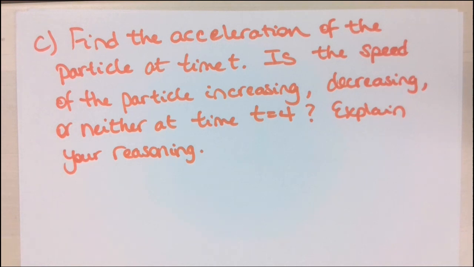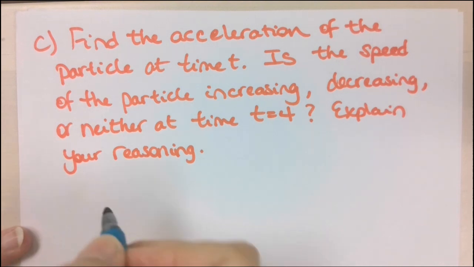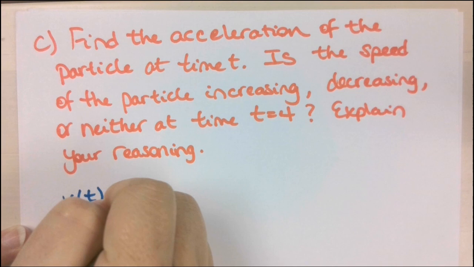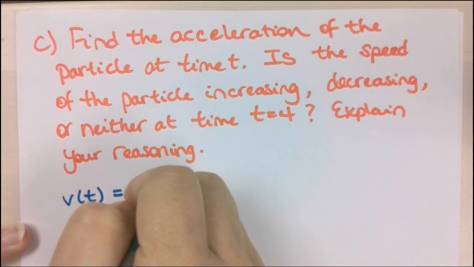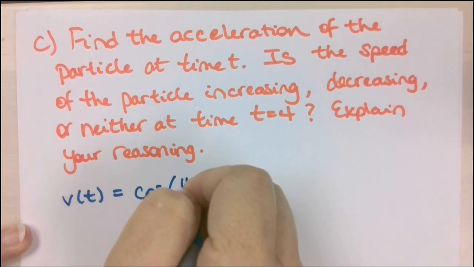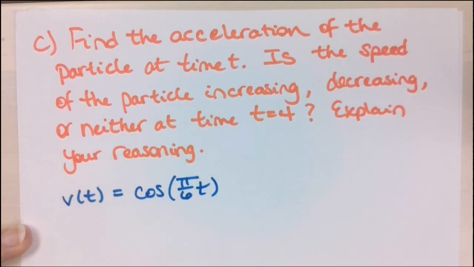All right, next up, find the acceleration of the particle at time t. Is the speed of the particle increasing, decreasing, or neither at time t equals 4? Explain your reasoning. To find acceleration, we know that's the derivative of velocity, which was given in the problem. V of t is equal to cosine of pi over 6t.